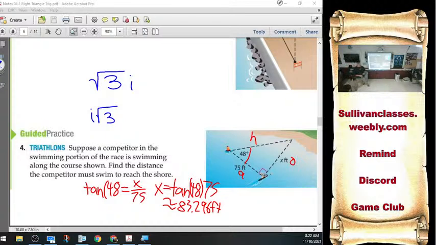So, yes, the official way to write it is coefficient, function, angle. Like that. That's how we're supposed to write it, just so we don't accidentally take 48 times 75 and then the tangent of that, which is entirely possible.